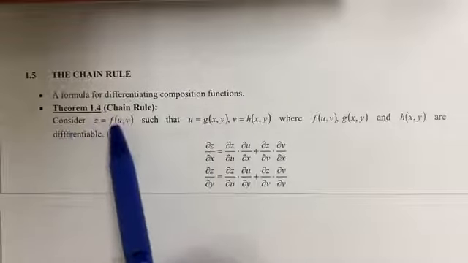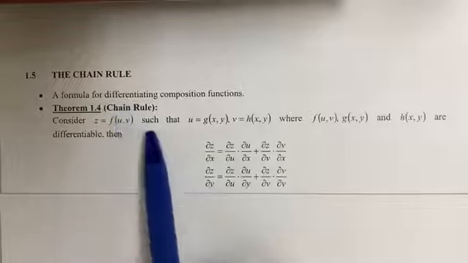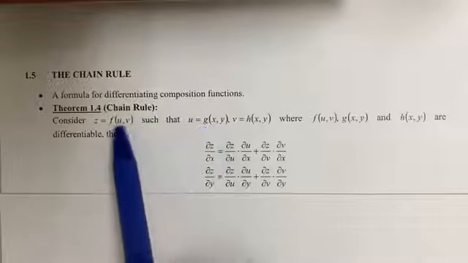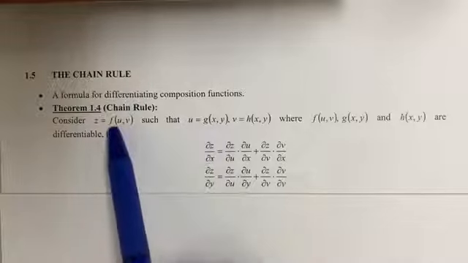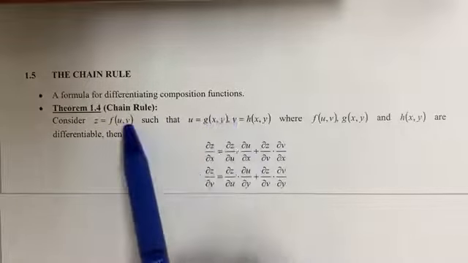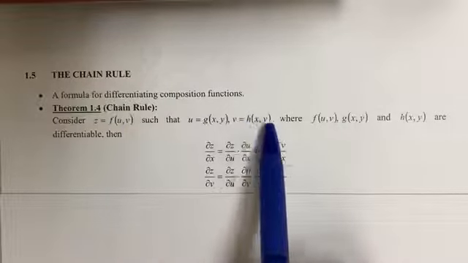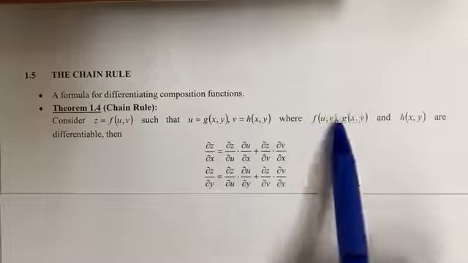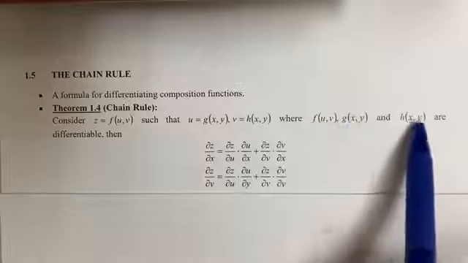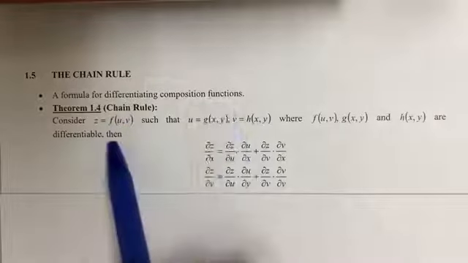Consider z equal to f(u,v), a function of u and v, such that u is a function g(x,y), and then v is a function h(x,y), where f(u,v), g(x,y), and h(x,y) are all differentiable.